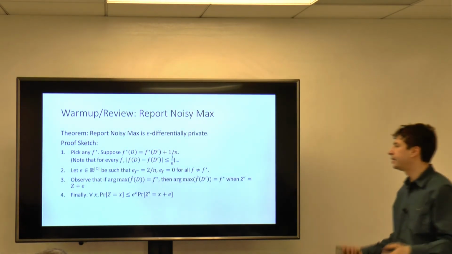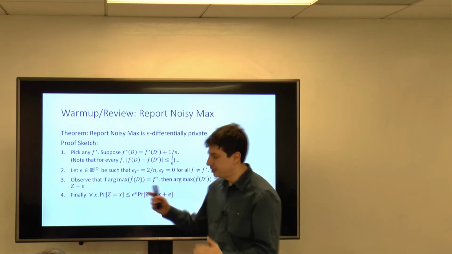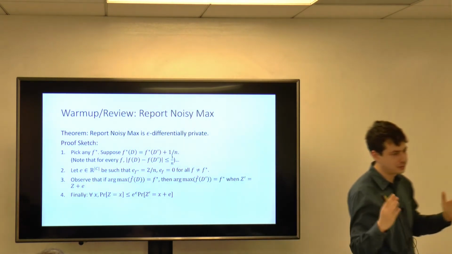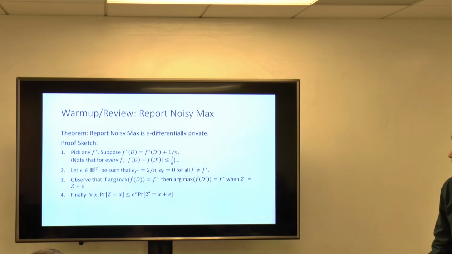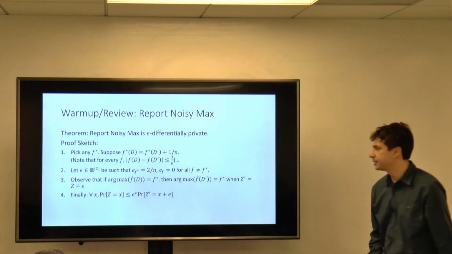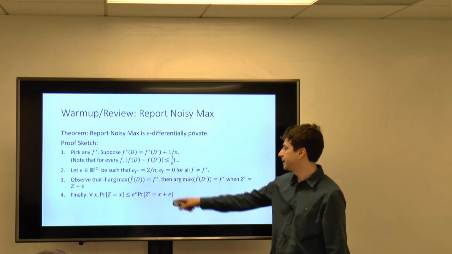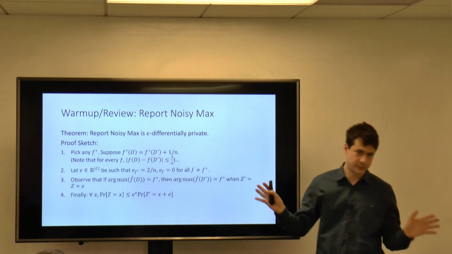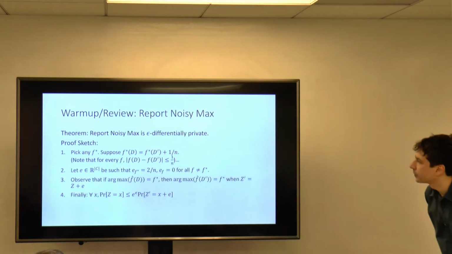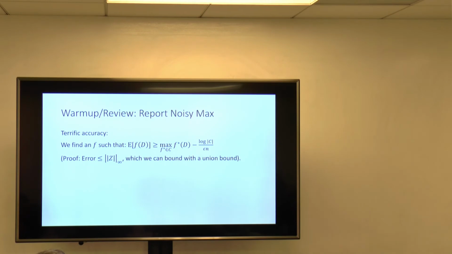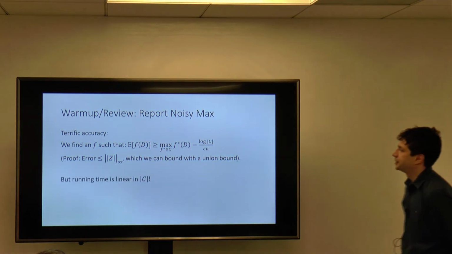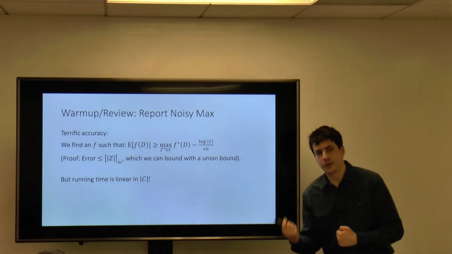And then again, when I look at any vector of perturbations x, the probability density at x is within an e to the epsilon factor of the probability density at x plus e. So it's private.